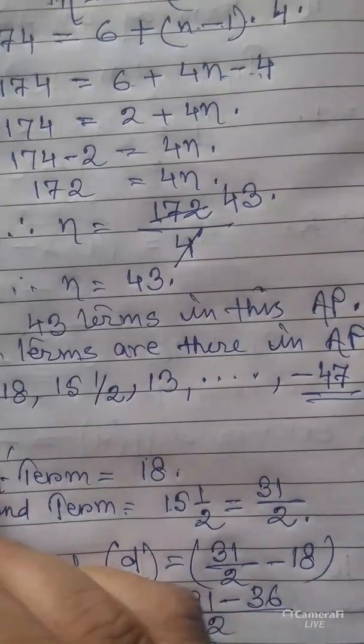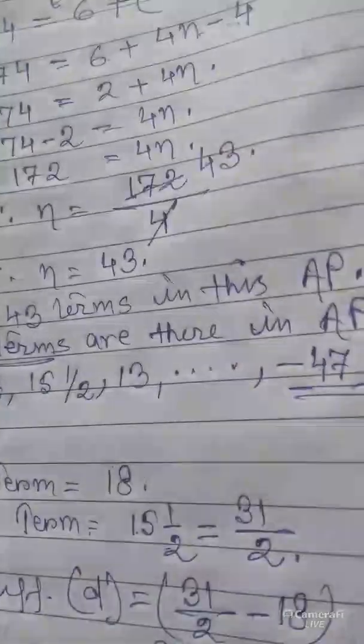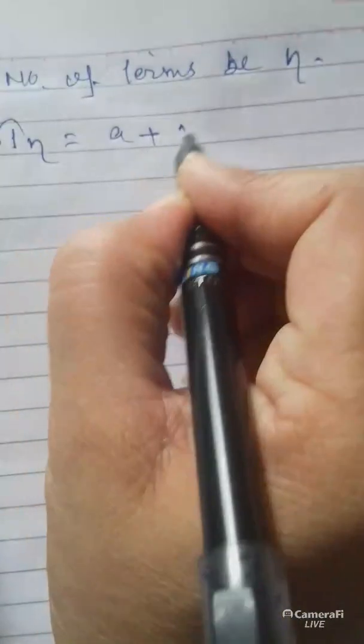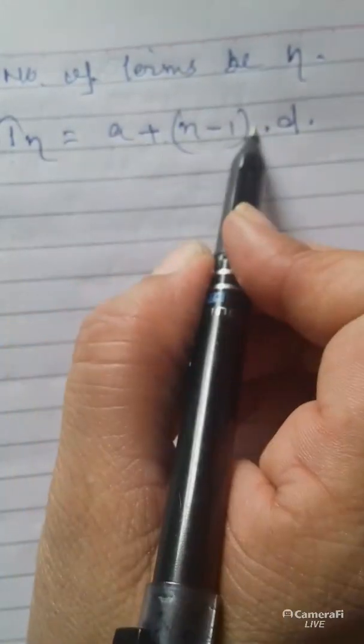First term is 18 and common difference is minus 5 by 2. Again we have to find how many terms there are. Let the number of terms be n. So we have Tn equal to a plus n minus 1 into d.